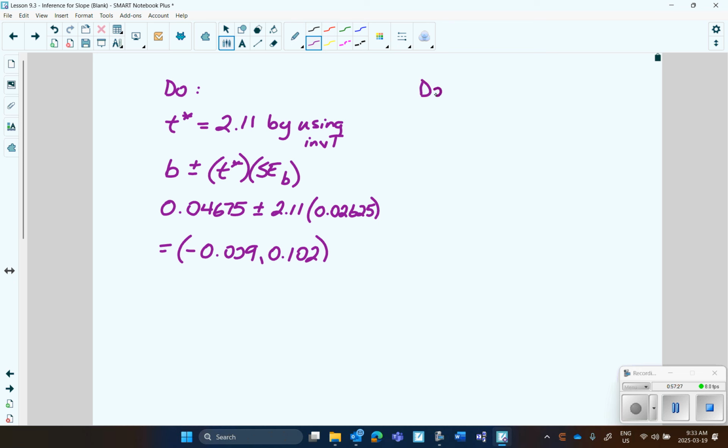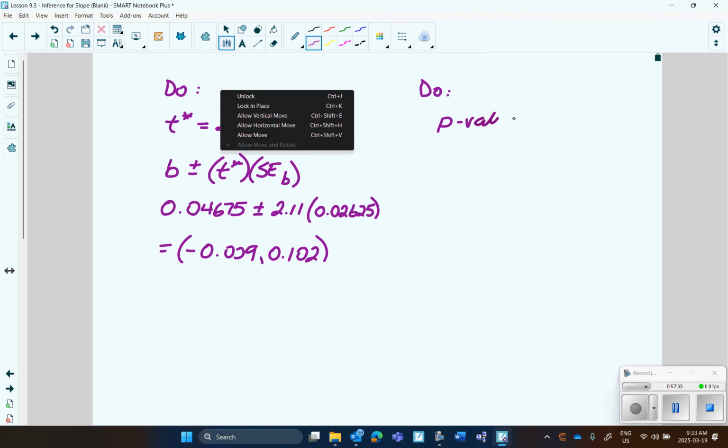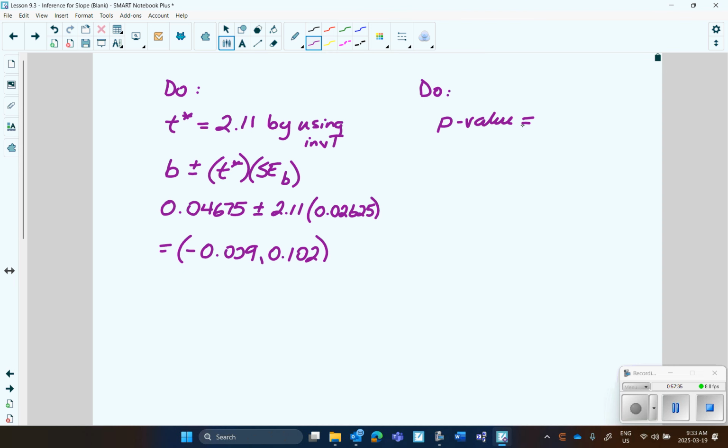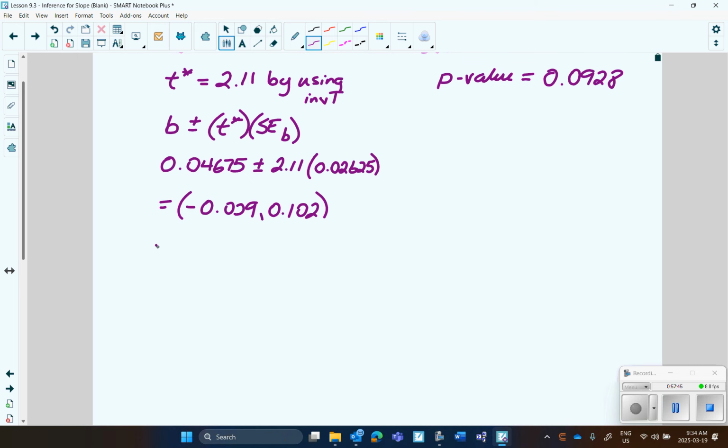The do phase for the test is even easier. The p-value from the computer output was 0.0928. So therefore, conclude for both, which we've already done.